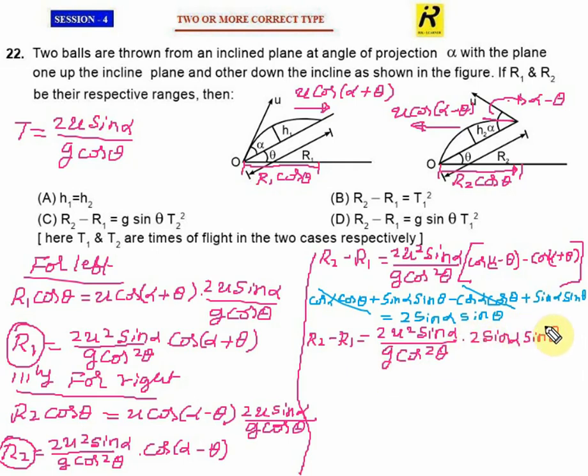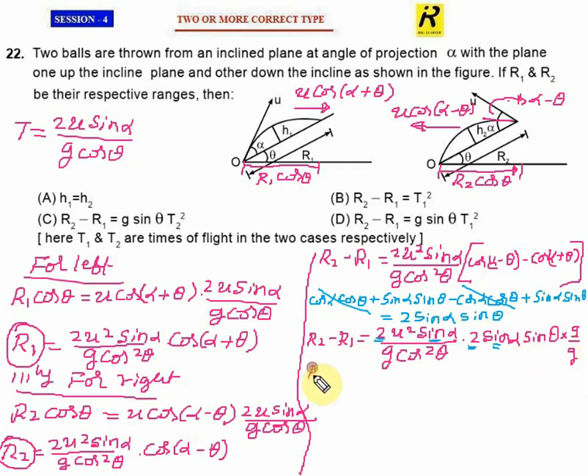Now I want to bring the term t into the equation. I combine some of the terms like u, the two terms of 2, and sine alpha, sine alpha. I have only one g, so I simply multiply and divide by g.